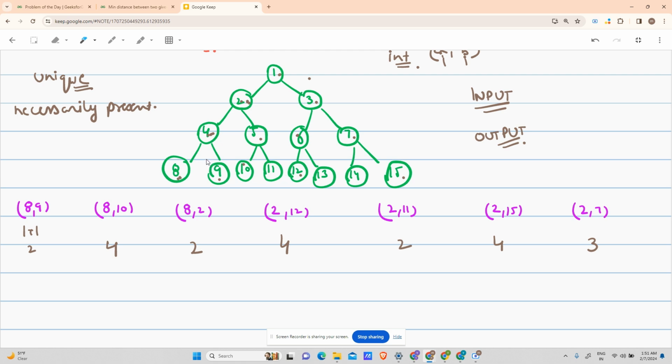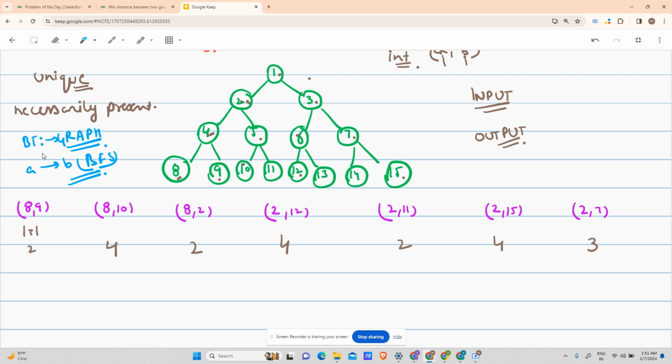Our approach is, you will say that if, instead of a binary tree, it was a graph, then I could simply travel from A till B with a BFS traversal and return the answer. Correct. Your approach is absolutely correct.